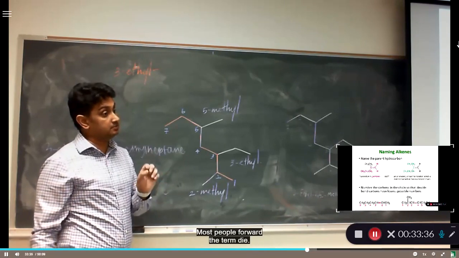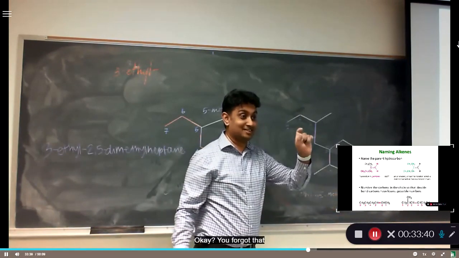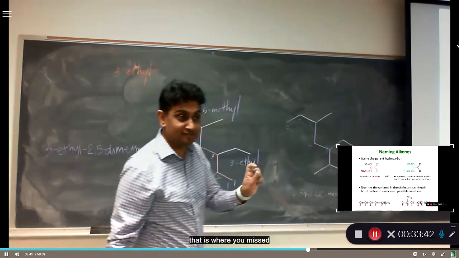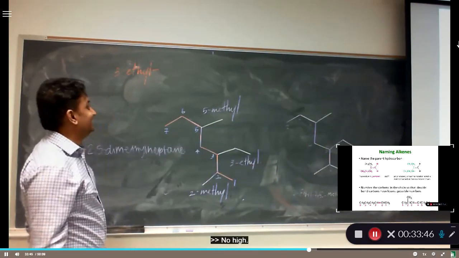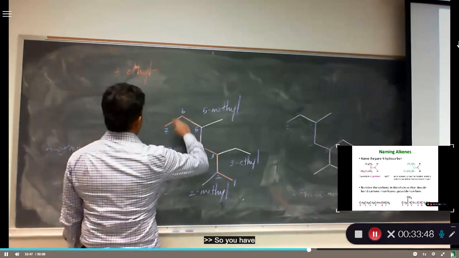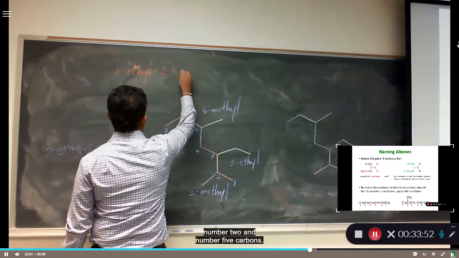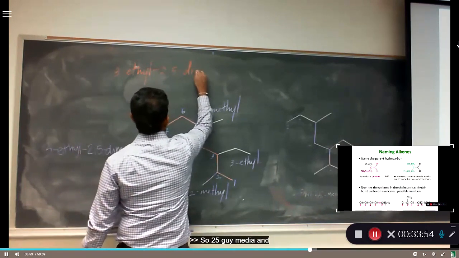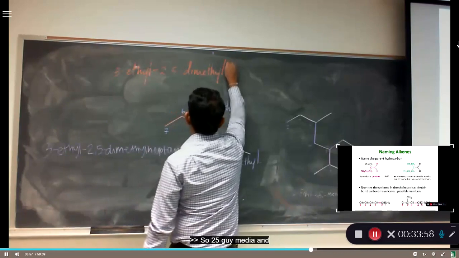Most people forgot the term di, and that is the problem with Abdullah's answer, okay? You forgot the term di. That is where you missed your bonus point, okay? So you have 2 methyl groups on the number 2 and number 5 carbons. So 2,5-dimethyl and heptane.